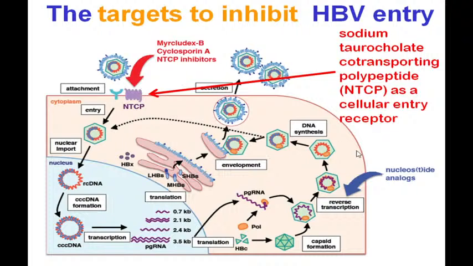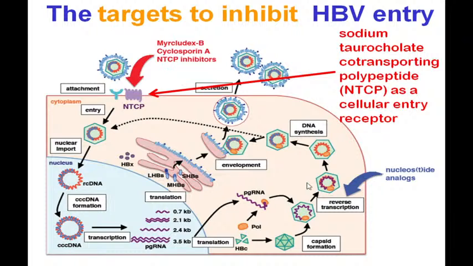Then another good stage for the inhibition of virus replication is inhibition of the reverse transcriptase. But this is really very tricky in hepatitis B virus. This strategy works very well in HIV, with polymerase reverse transcriptase inhibition, but it does not work so well in hepatitis B virus polymerase inhibition.